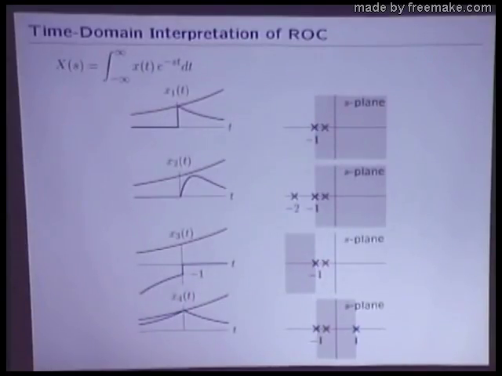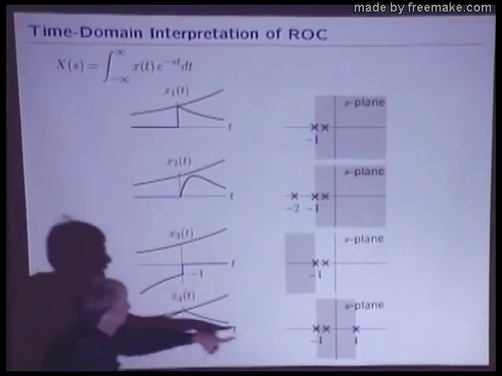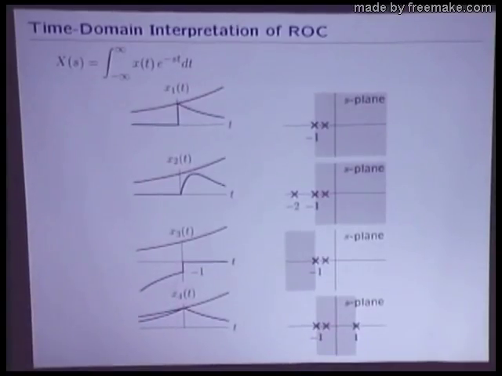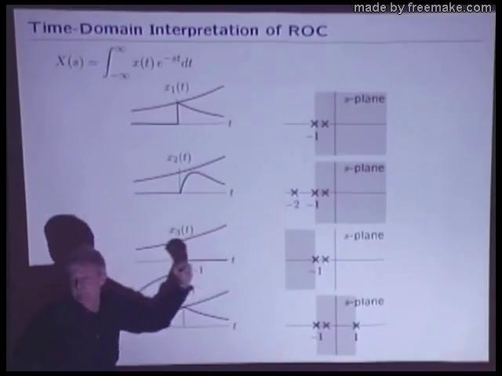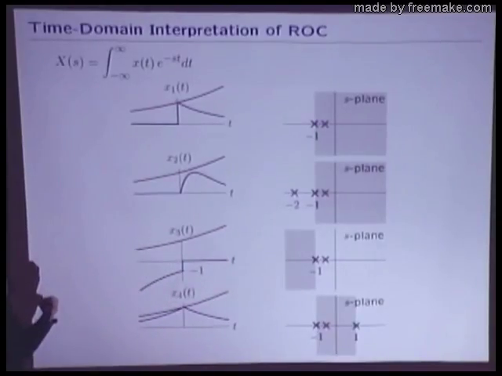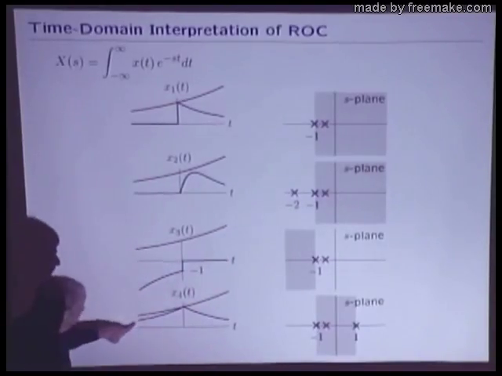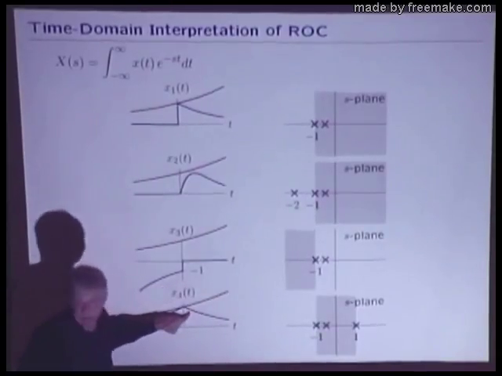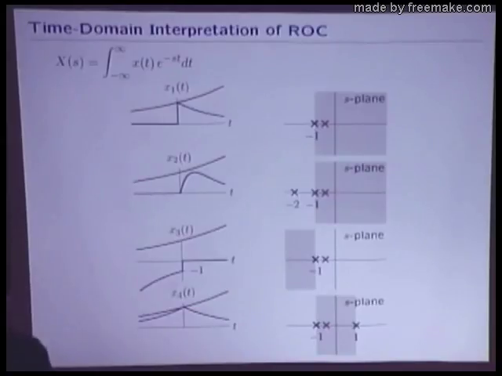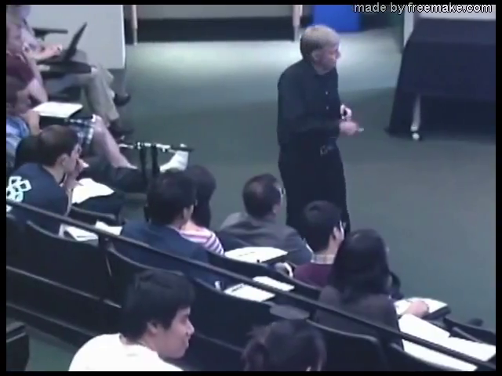And finally, this one is more complicated. The integrand, this thing that I'm integrating against, is always becoming greater as I go toward positive infinity. That tends to be convergent on this side and divergent on that side, but it's not divergent enough to make the function not converge. So I'm in the region.